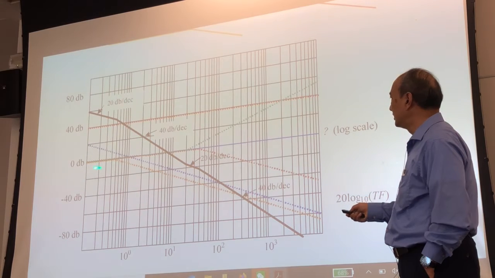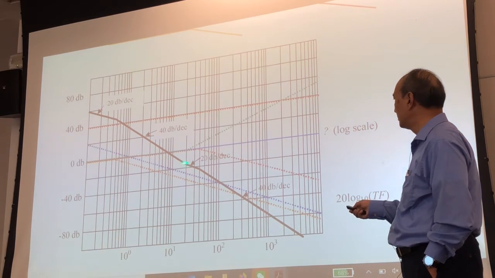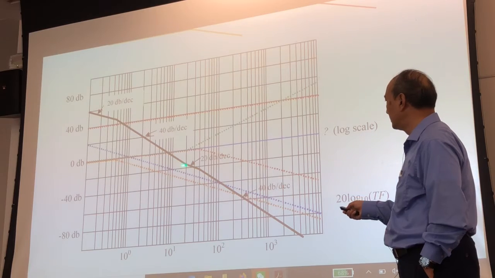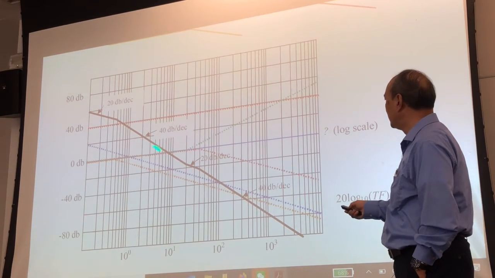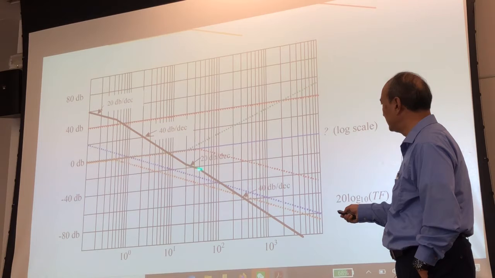And you keep going until you hit this corner frequency. This corner frequency is omega is 20. So after 20, you have going up. Because of the going up, you have minus 40, then add 20, so this one is minus 20.